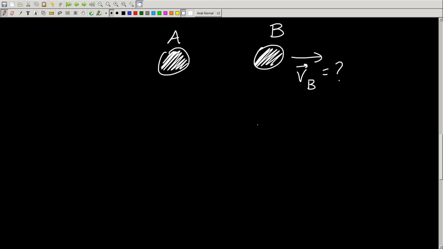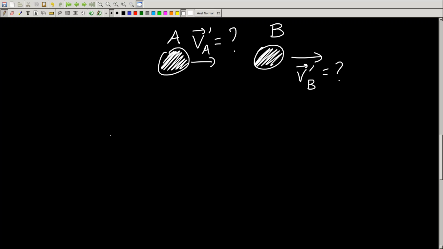Okay, this time it's not 0, all right? And ball A is also going to move at a new velocity. And to demonstrate the new velocity, what I'll do is I'll just put a prime, okay? Demonstrate the new velocity for VA, I'm going to demonstrate a prime as well. And it's going to move at some other velocity VA.